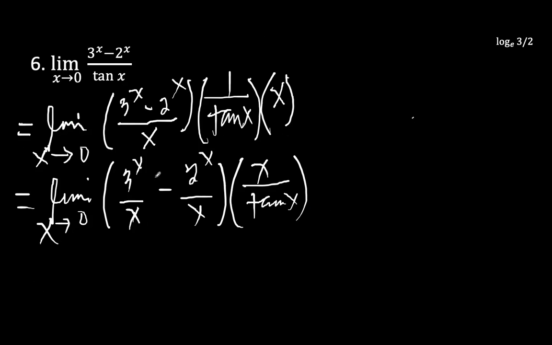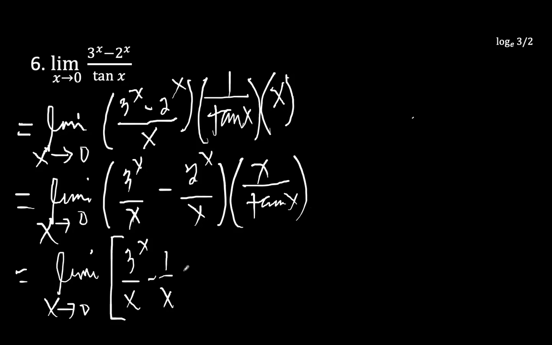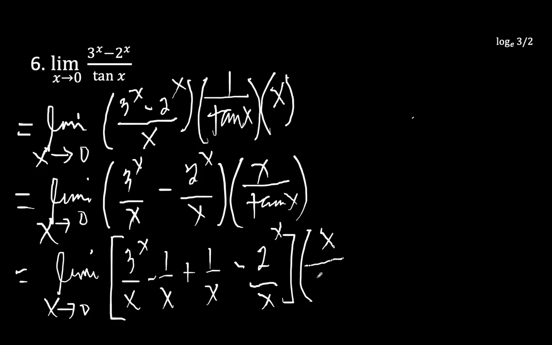Now we're going to add terms such that this will be expressed in terms of the given theorem. So this becomes the limit as x approaches 0. This becomes (3^x)/x minus 1/x plus 1/x, such that it's just like we added 0, or we added nothing, minus (2^x)/x times x over tangent x.